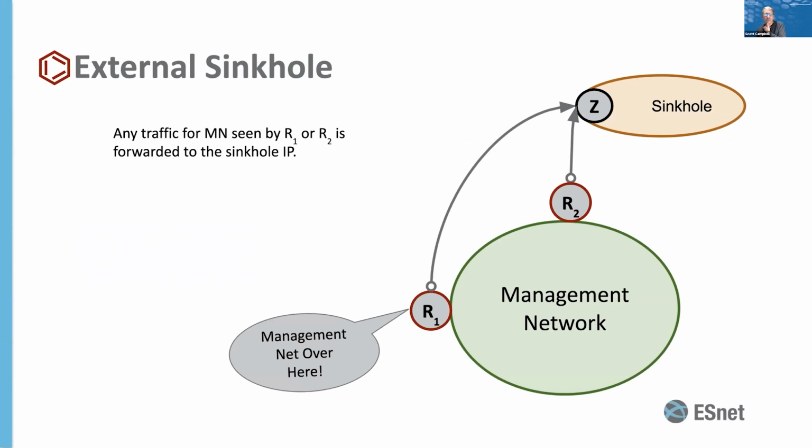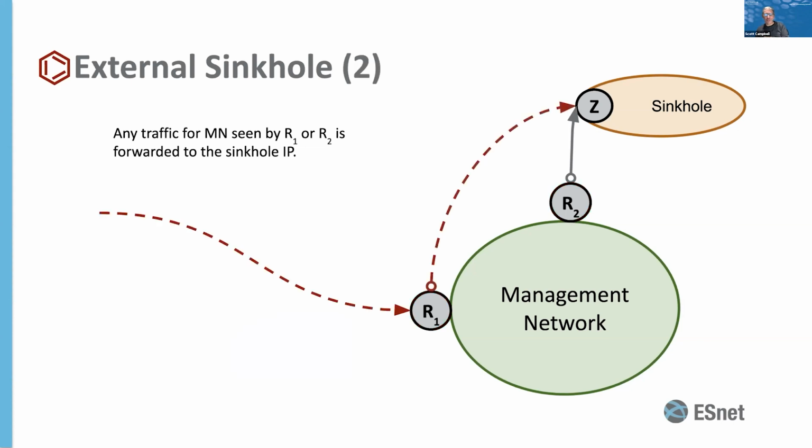So externally, like from outside ESnet, the management net is the green blob. It's connected to the larger internet through the R1, which just says, hey, the management net's over here. And really what happens is all of the traffic destined externally to the management net ends up in the sinkhole.